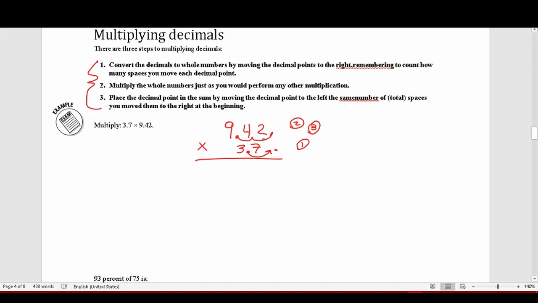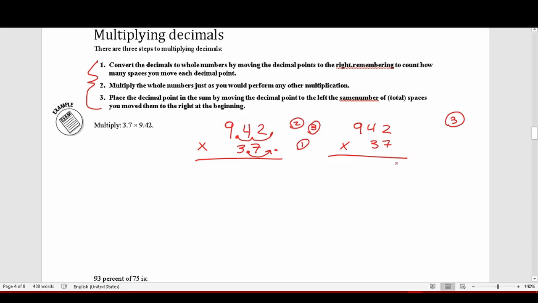So in reality, this problem becomes this: 942 times 37, albeit with 3 decimal places that we have to add back in at the end of this problem. So let's go ahead and work this out, and then we'll add the decimals back in.